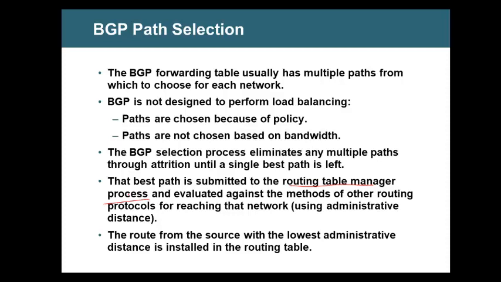It will look at the administrative distance. If it is IBGP, the administrative distance is 200. Jana, what is the administrative distance in Cisco for IBGP? 200. For EBGP? Exactly. So let's say one neighbor is an IBGP neighbor, another neighbor is an EBGP neighbor.